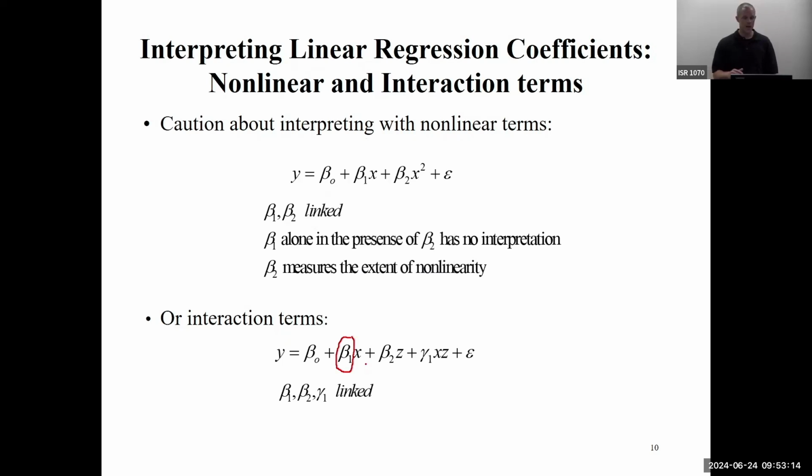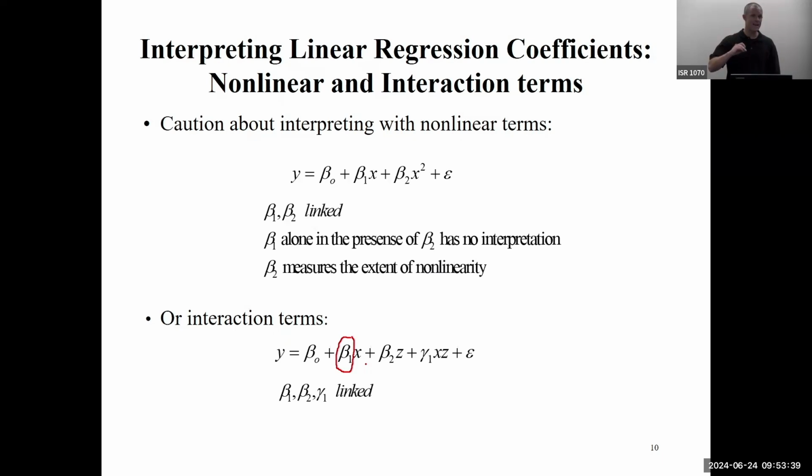Beta 1 is the relationship of x with the dependent variable when z is equal to 0. If z is not equal to 0, the relationship of x with y depends on beta 1 and gamma 1 in this equation. Everybody see that?